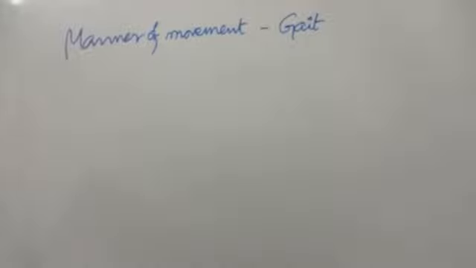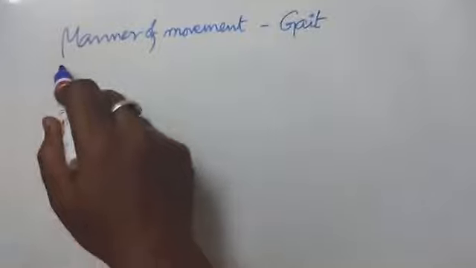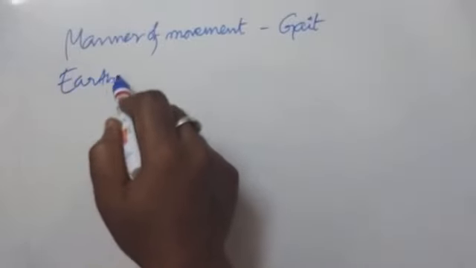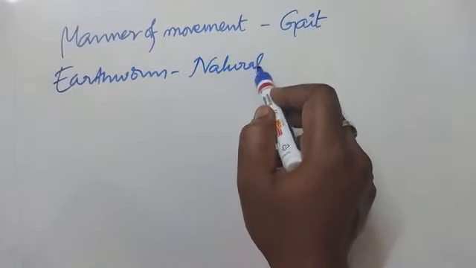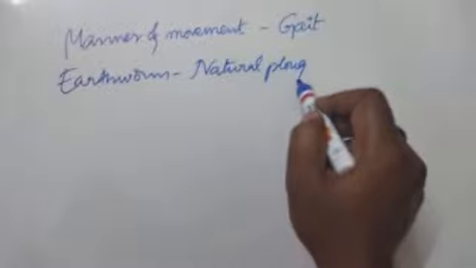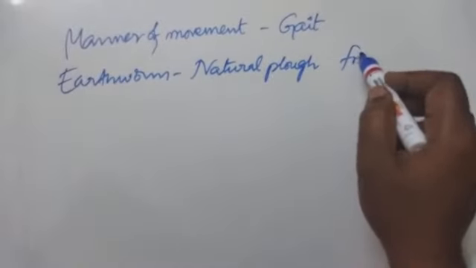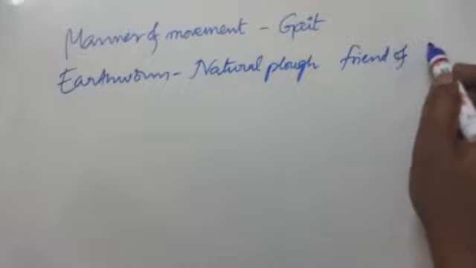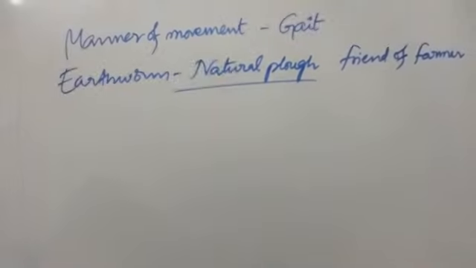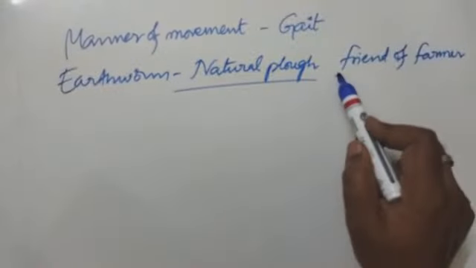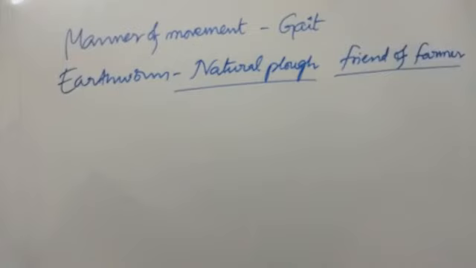Earthworm is also called natural plow and friend of the farmer. Why? Because it loosens the soil like a plow, and it helps in the cultivation of crops.